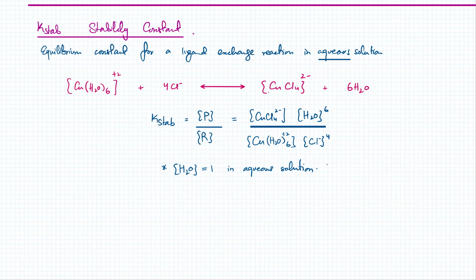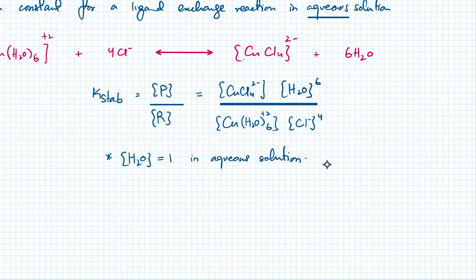It's not written in the expression, the same way that you don't write solids. You don't write water in the expression if it's an aqueous solution, which in this case it is. So this thing is going to be removed. You don't write this. Is this clear?